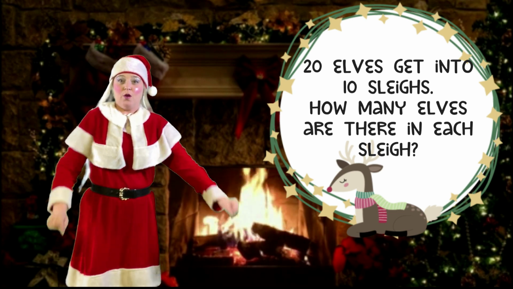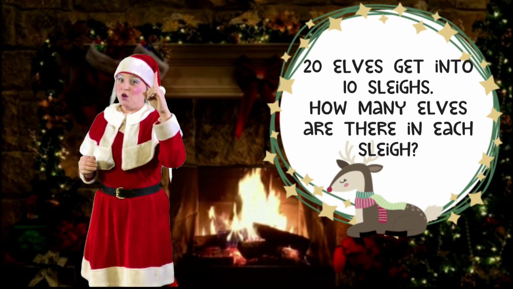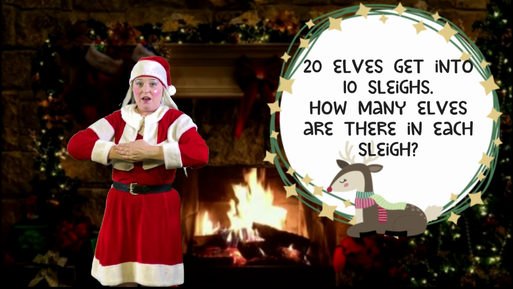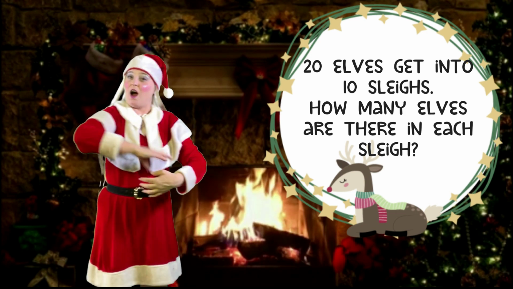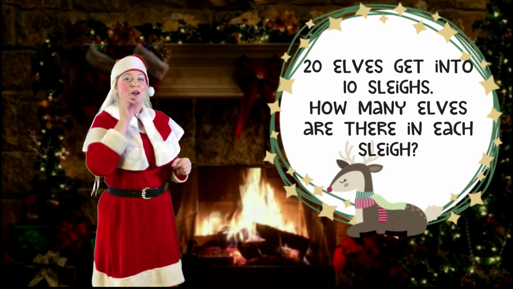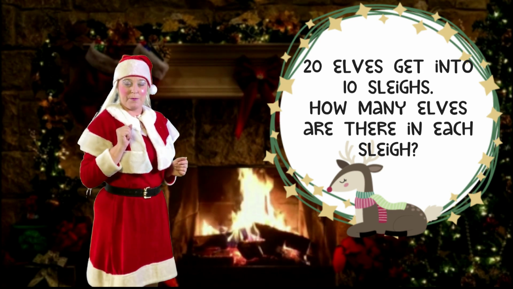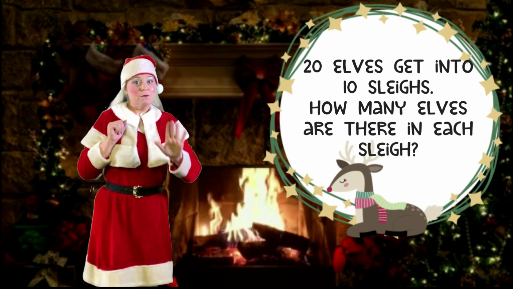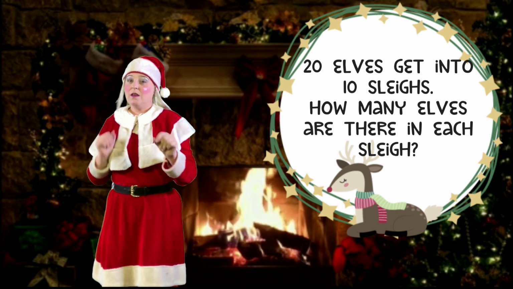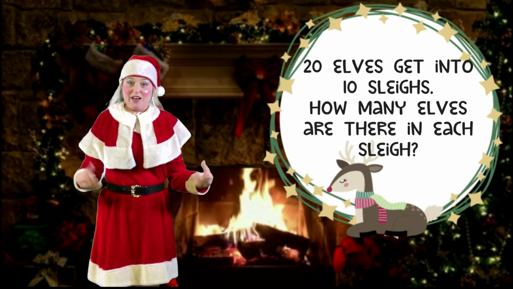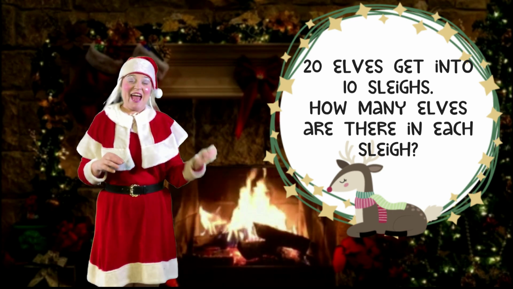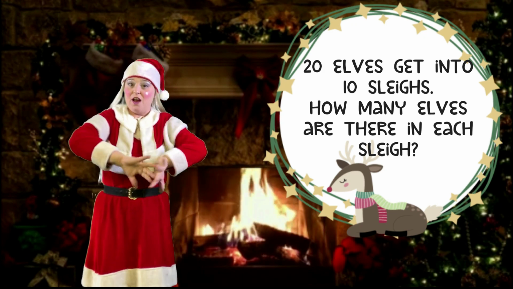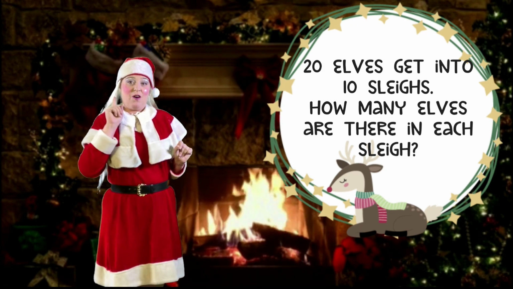On your whiteboard, write a multiplication if you think we're putting things together, if you think we are dividing, put a division sum. Okay, not everybody got that either. We are dividing. We are dividing 20 elves into 10 sleighs. They are not coming together. They are moving apart.